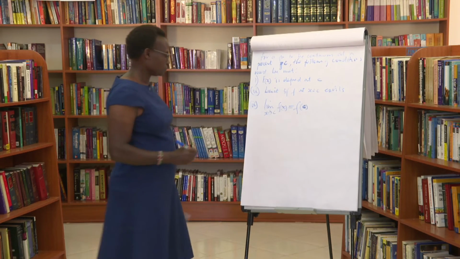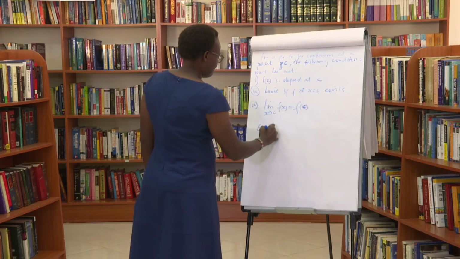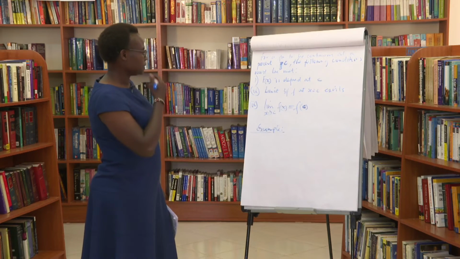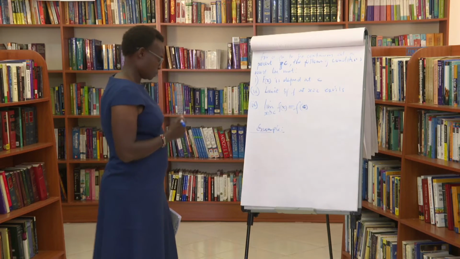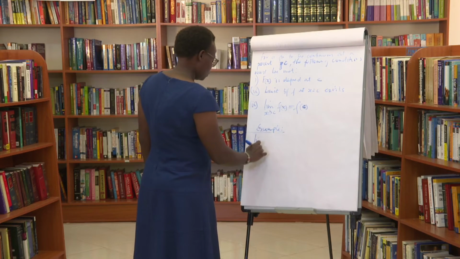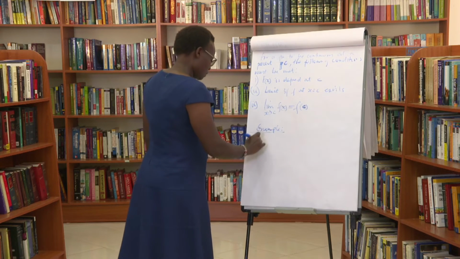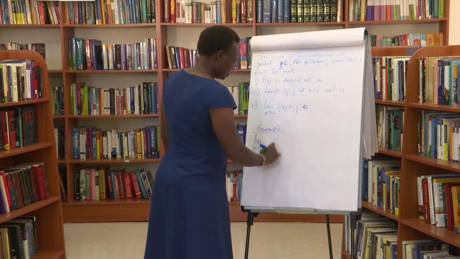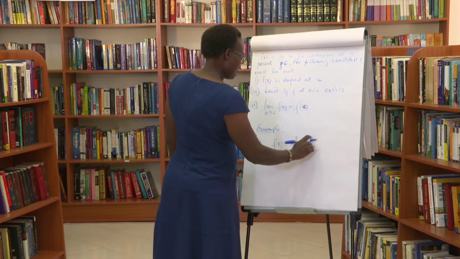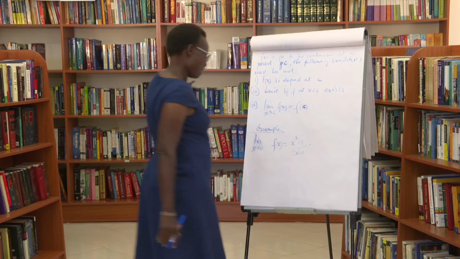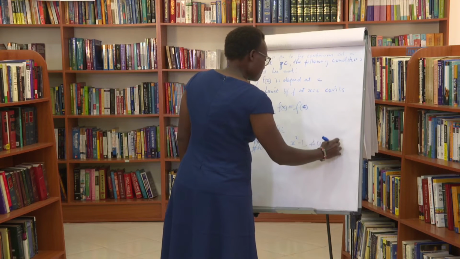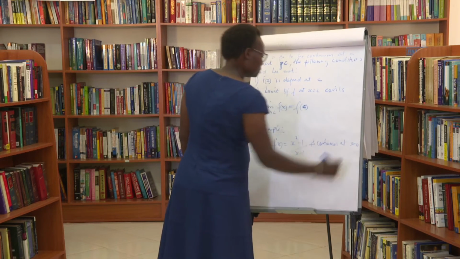So I will go to an example, and we are supposed to investigate whether the function f of x equals x squared minus 1 over x minus 1 is continuous at x equals 0.